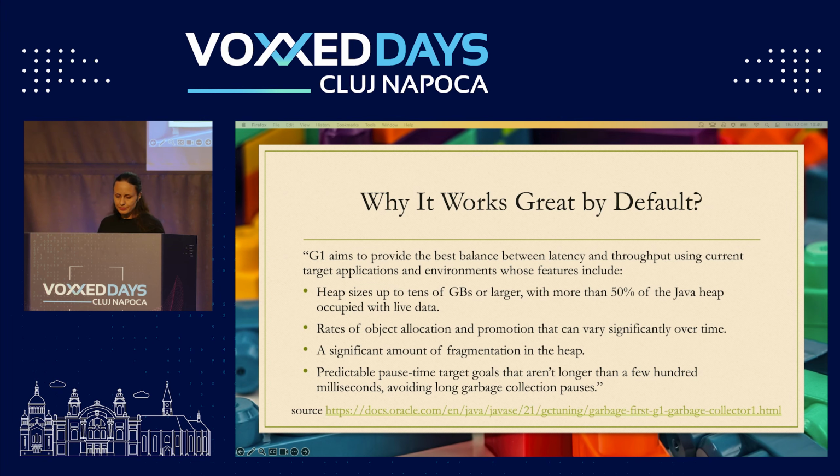So that's why it's one of the first to go. Also, it tries to meet the pause time targets with high probability over a longer time. But you don't see the same pause all the time.